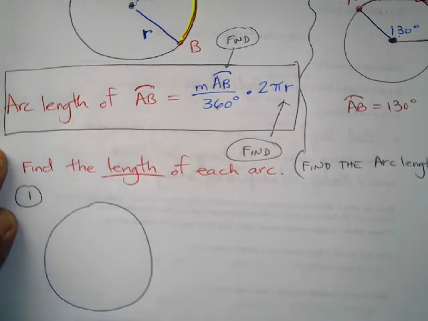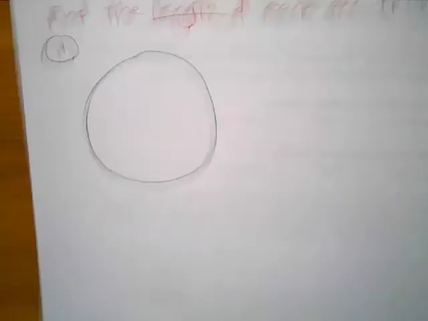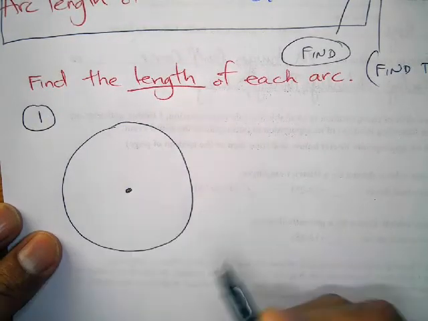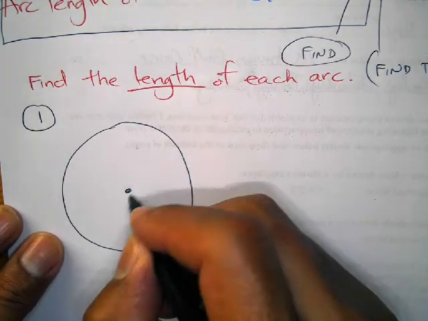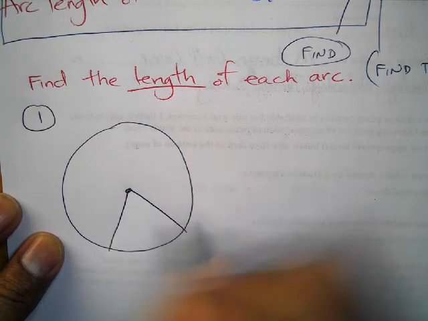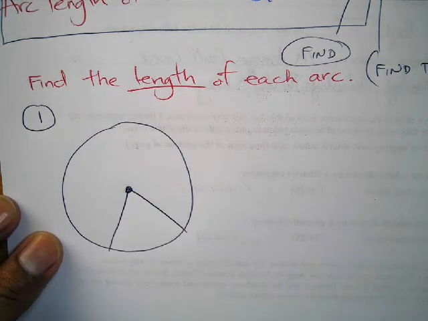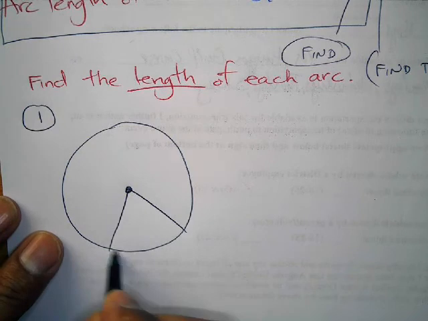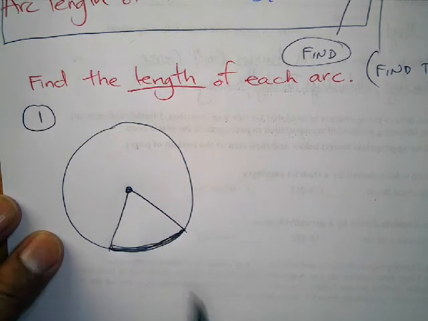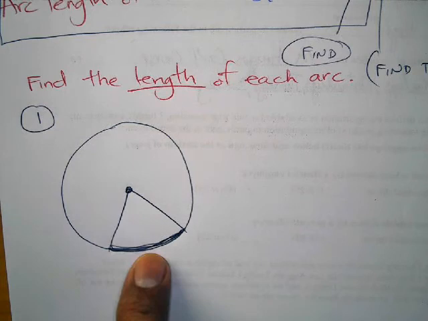Here it is. Just try your best. Not even mine is that good. There's a center. Okay, there's the center. And let's say they do something like this. And let's say this is the arc right here.